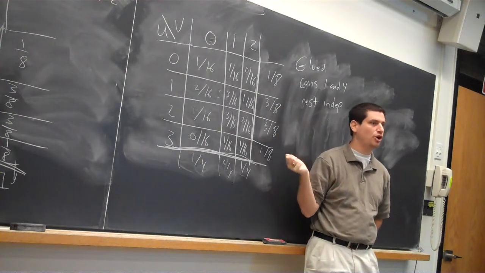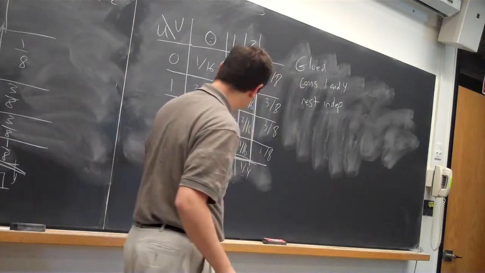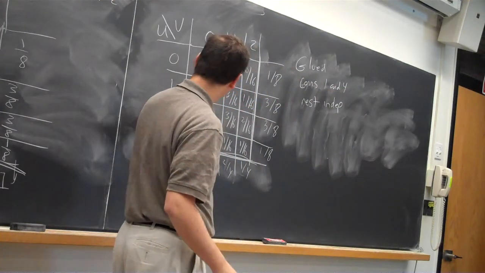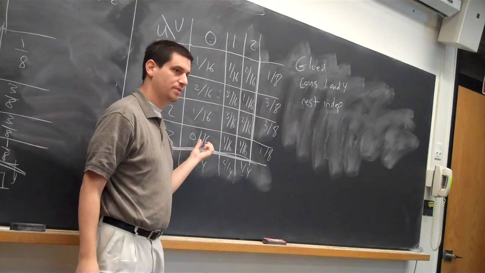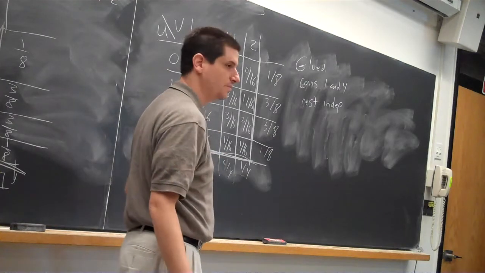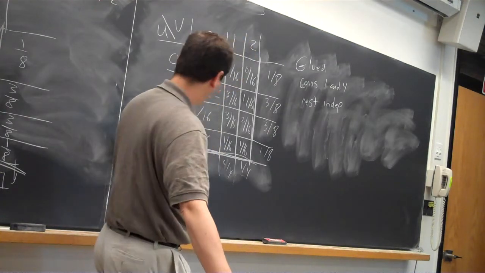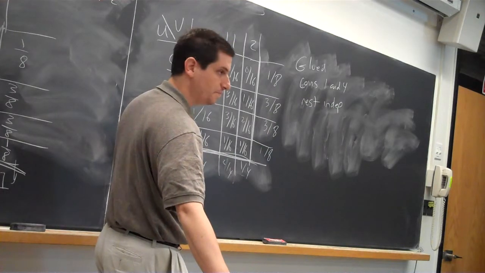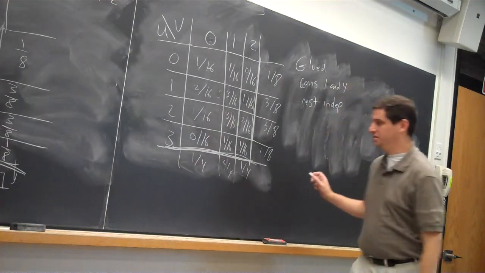There's information that's lost. And so here, this is supposed to be the product of the marginal that X equals 3 times the marginal that Y equals 0. The probability that Y equals 0 is 1/4. The probability that X equals 3 is 1/8. So 1/8 times 1/4 is not 0/16.